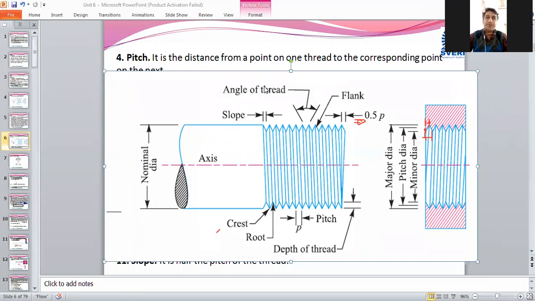Chat box, you can say. Anybody else? Soham, roll number 35, will you unmute?